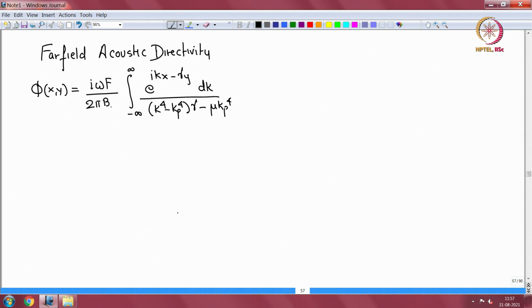Now we are going to compute this integral using the method of stationary phase.